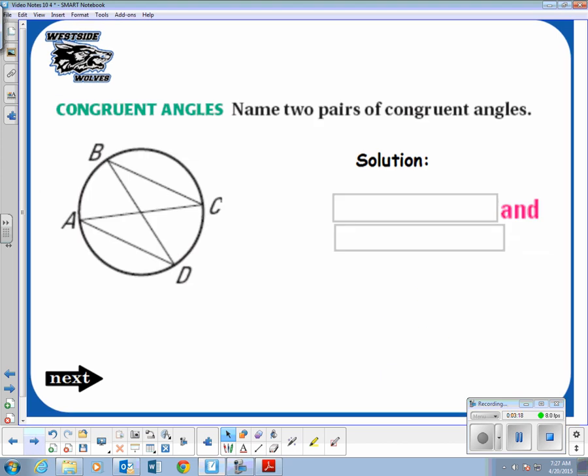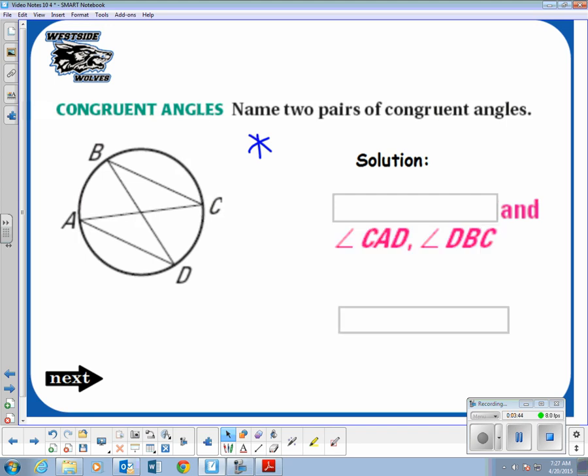All right, here's a little practice. It says congruent angles, name two pairs of congruent angles looking at this picture. So pause the video and name two pairs of congruent angles. Okay, now if you tried to name the vertical angles in the center, you don't have any letter for those intersections, so you can't do that.